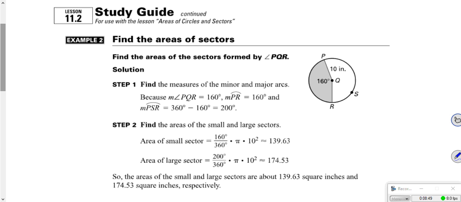Let me just write that first of all. Area of sector equals intercepted arc over 360 times area of the circle.